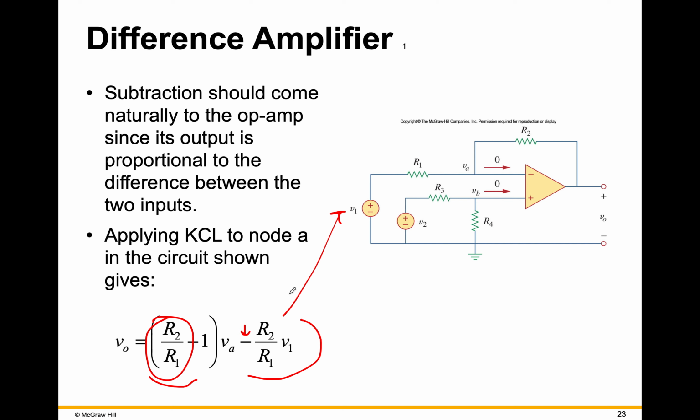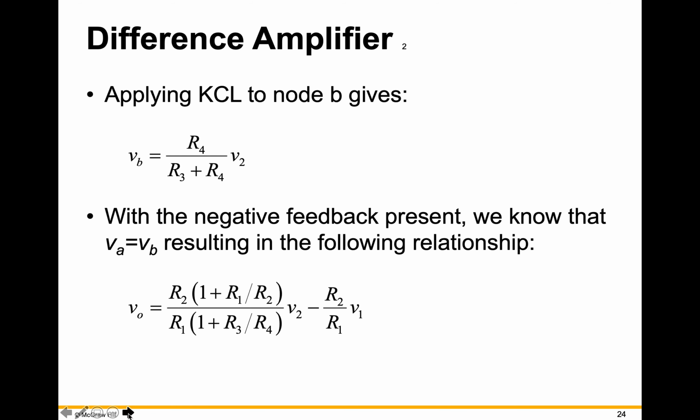I'm sorry. Let me go to the next page because we need to do another node equation here, and we need to get rid of VA. So this is writing it at node VA. So let me go to the next page, applying KCL at node V. Then when it's all said and done, here's what you actually end up with.